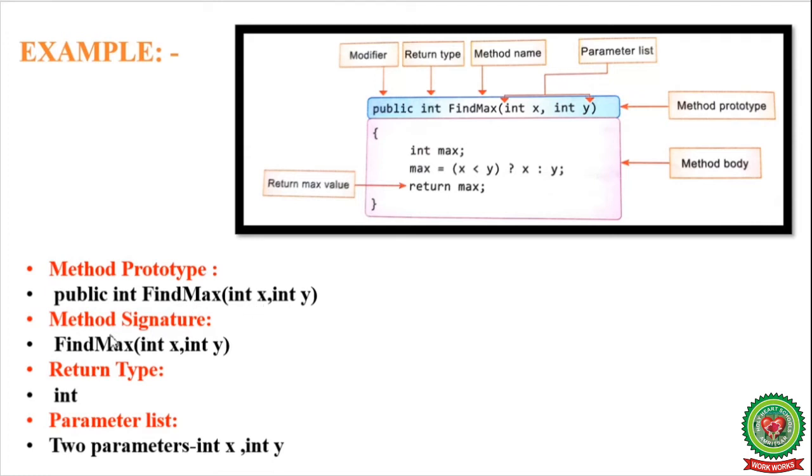The method signature is findMax(int x, int y). The return type is int, and in the parameter list we have two parameters, int x, comma, int y. So students, parameters provide the mechanism for passing information to the method. These parameters are used in this method.